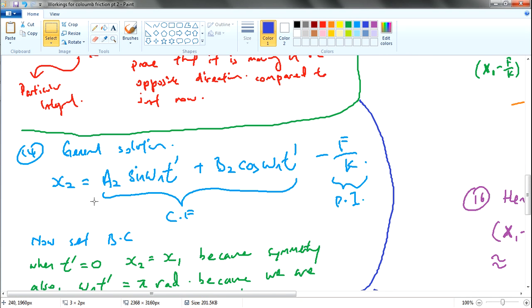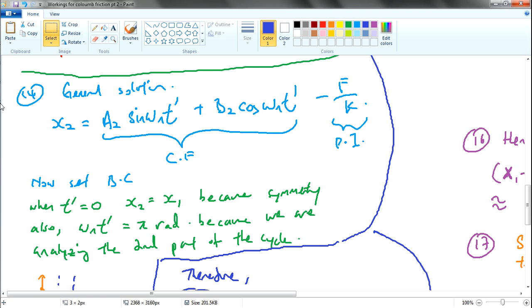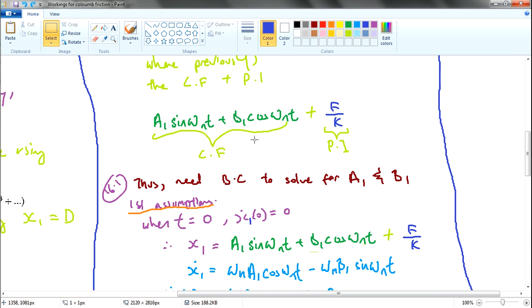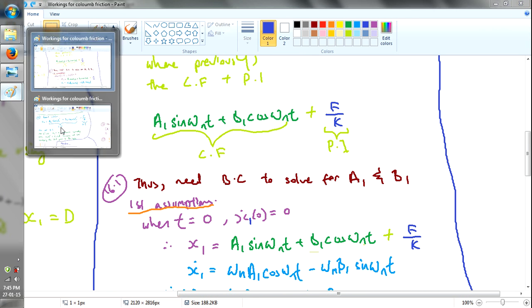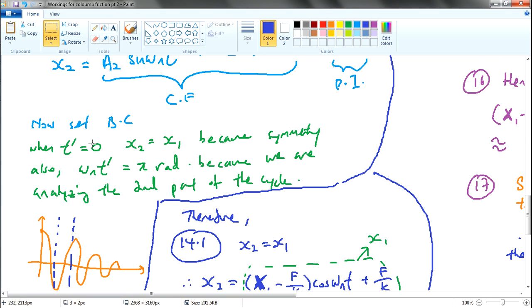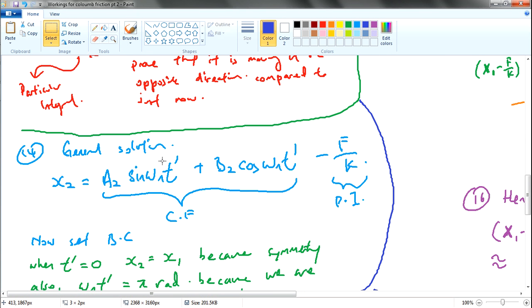But let's solve for a2 and b2. It's the same thing. Everything works the same. But this time around we use t prime. t prime is just another notation to define time.